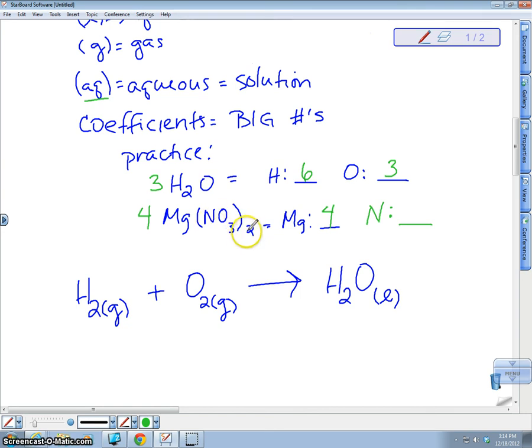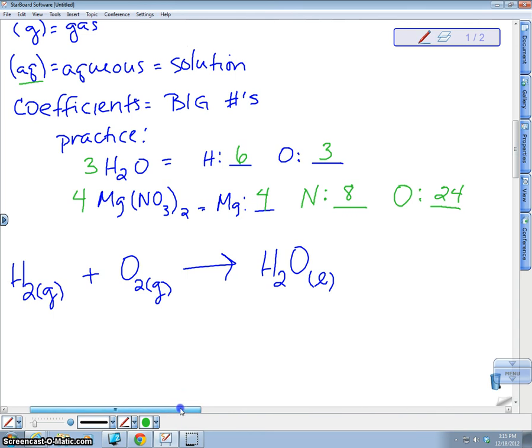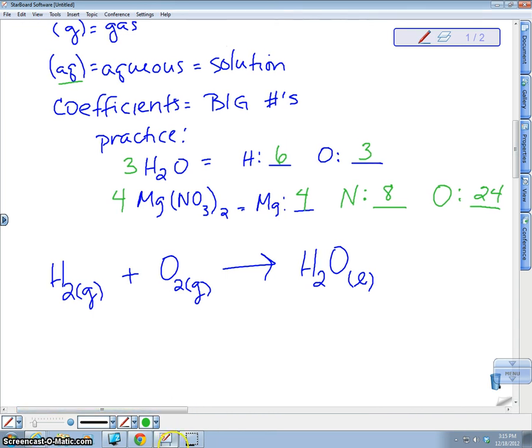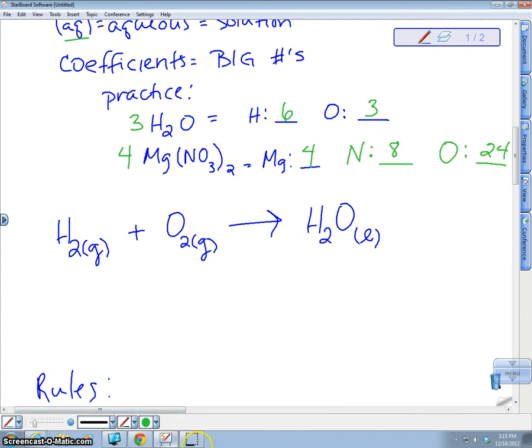So 2, and we have 4 magnesium nitrates. 2 times 4 is 8. The oxygens, same thing, right? We have 3 times 2 is 6 oxygens times 4 is 24 total oxygens. So when you are balancing equations, you're going to need to use coefficients, and you're going to need to remember to multiply everything in that formula unit by the coefficient.